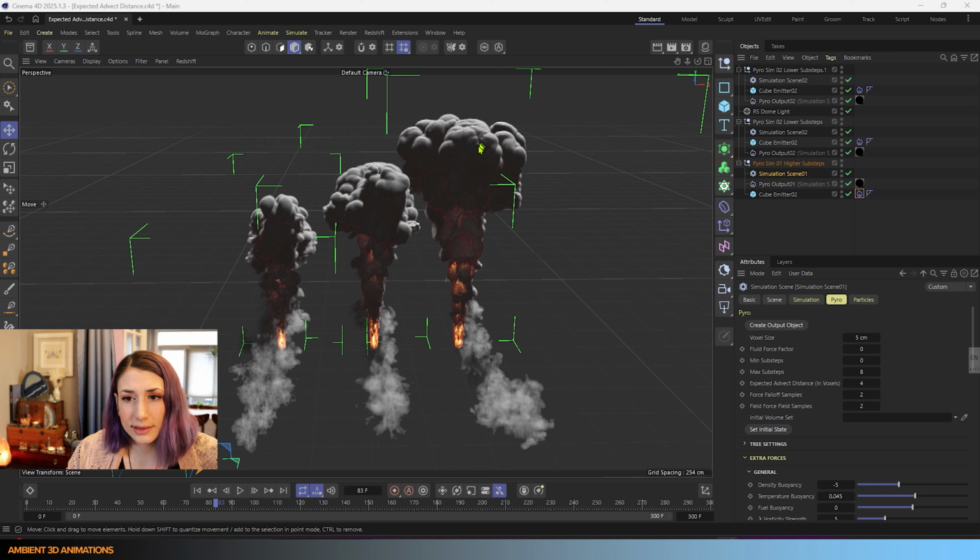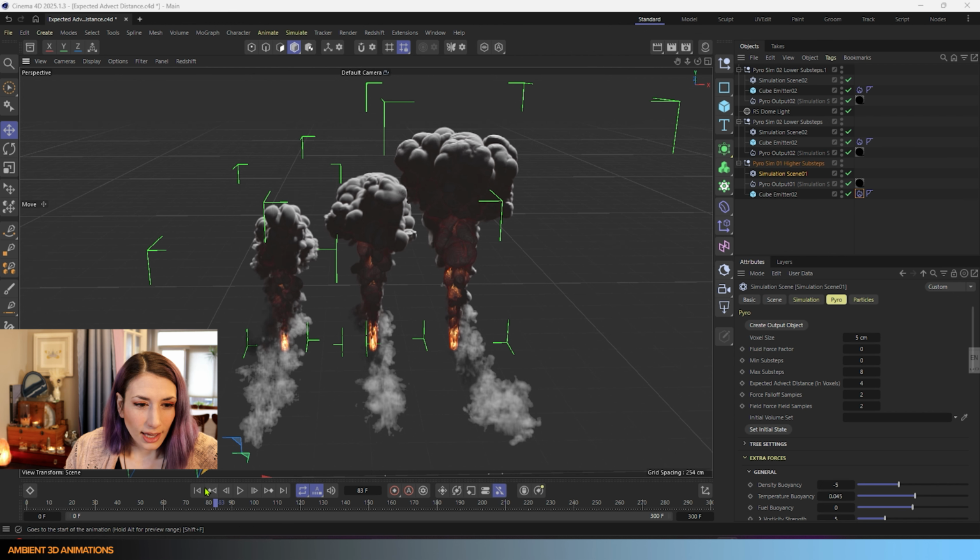So that is why this one has the longest distance in voxels as 16, and it is the biggest fire. So that's the reason why, and that's a little bit of science.